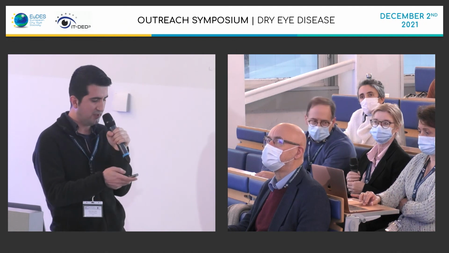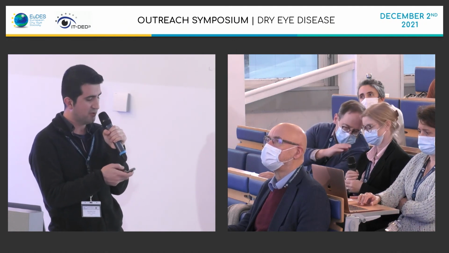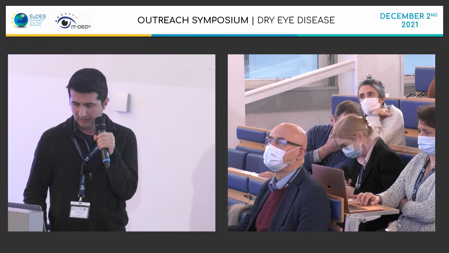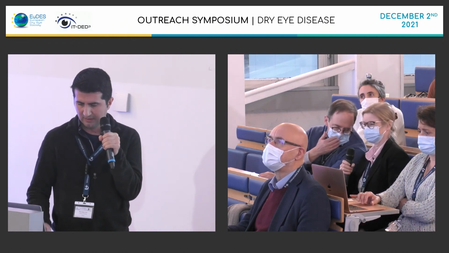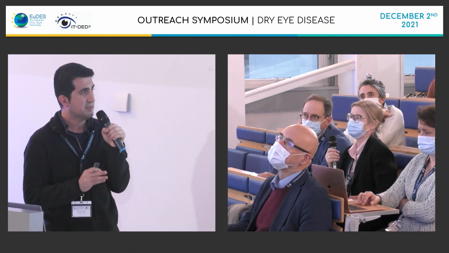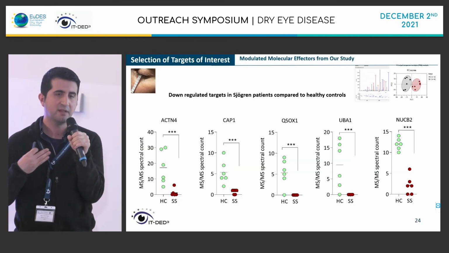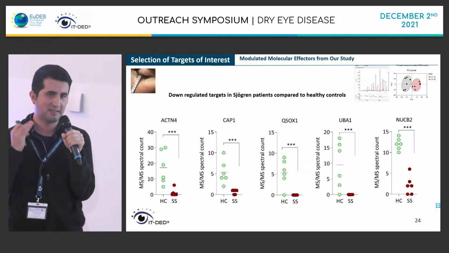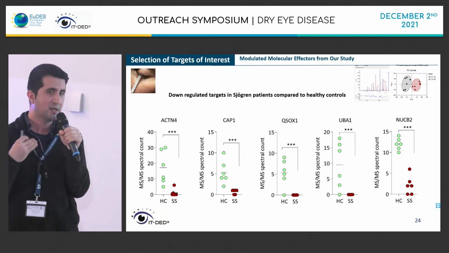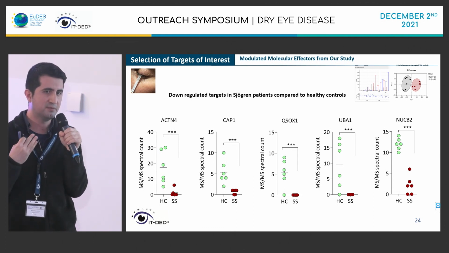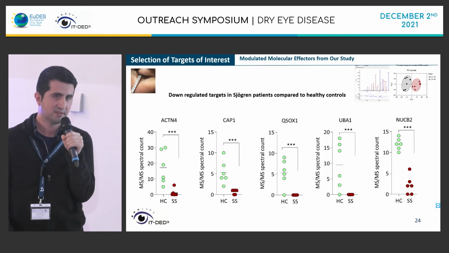I used mass spectrum count here because it's easier to see. It's a semi-quantitative method, so we cannot say it's 100% certain, but it can give us an idea about their abundance.